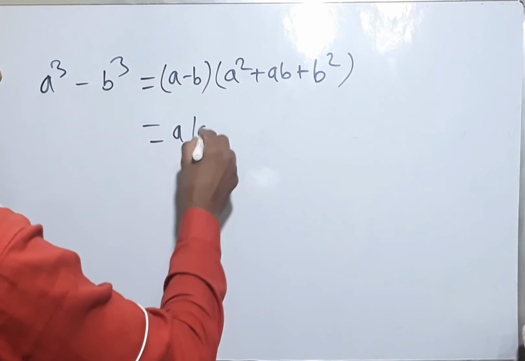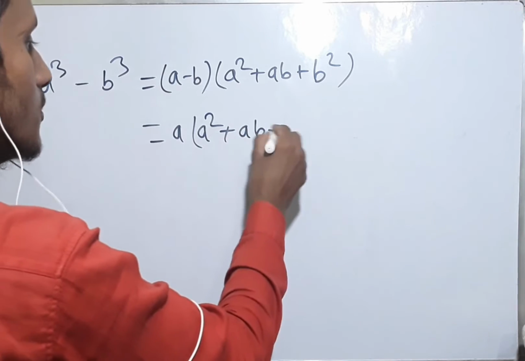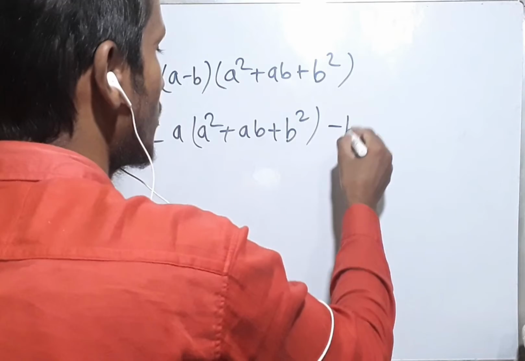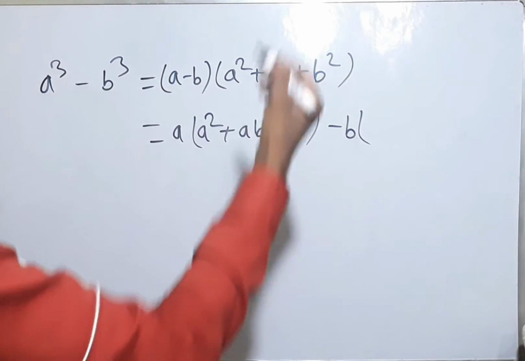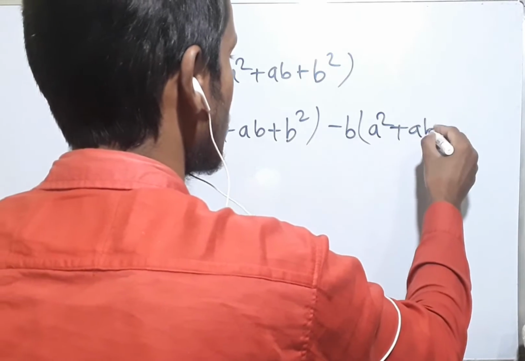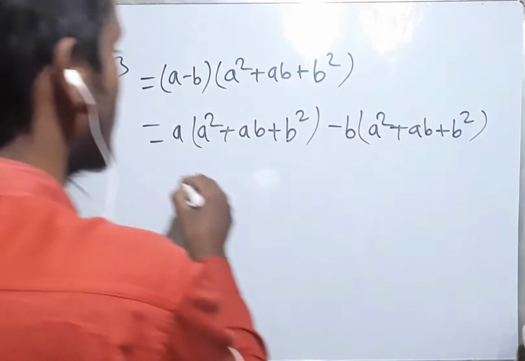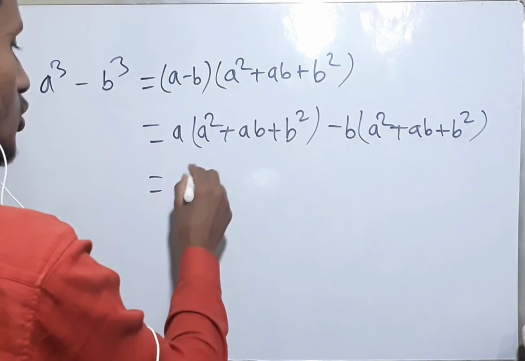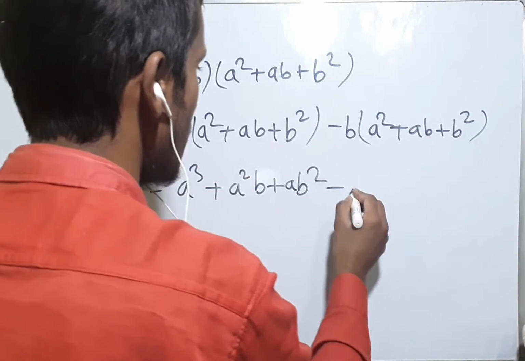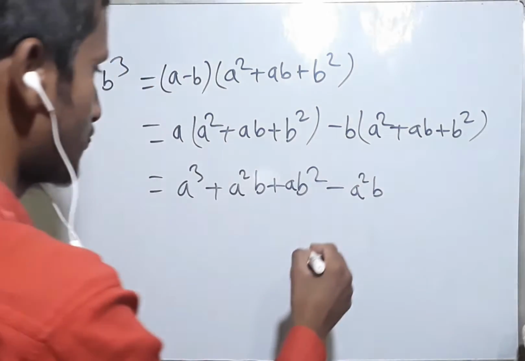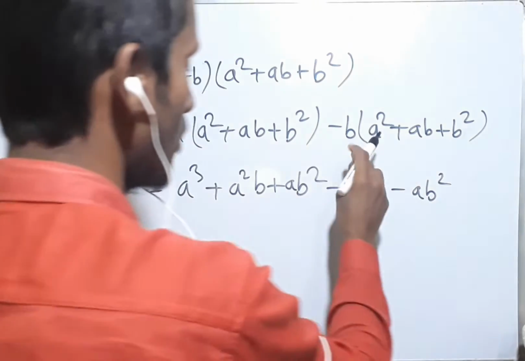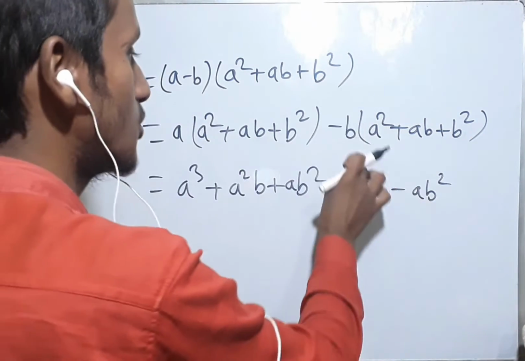Do it on your own if you know how, because I've already taught you multiplication. Now this will be a cubed plus a squared b plus ab squared minus a squared b minus ab squared. All I'm doing is distributing this into this.